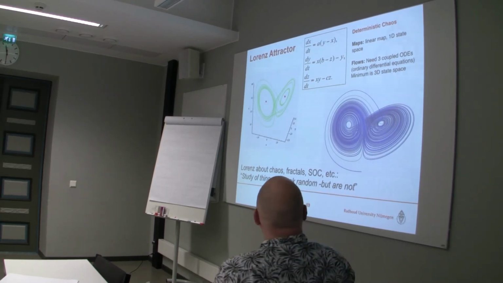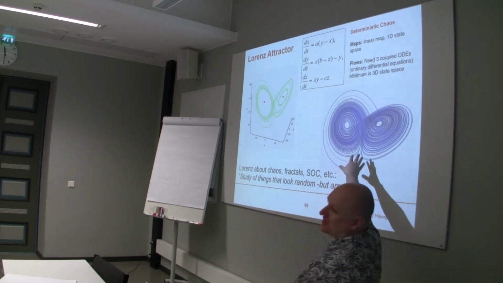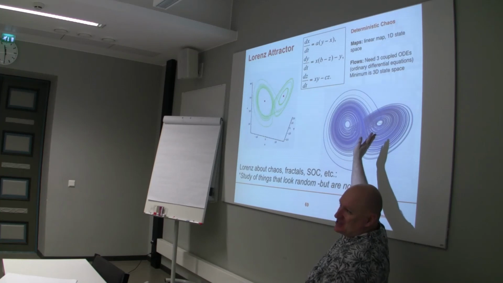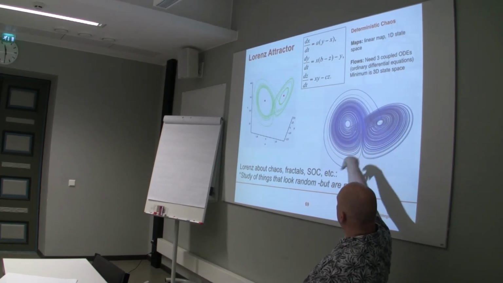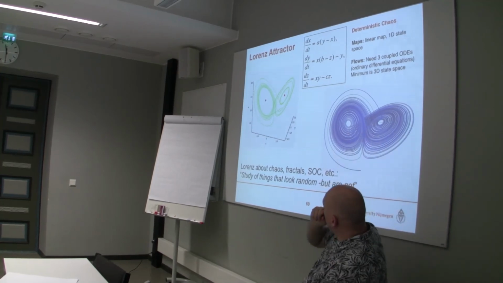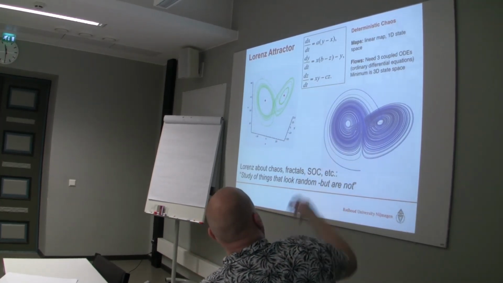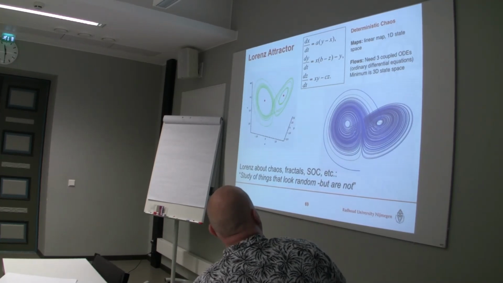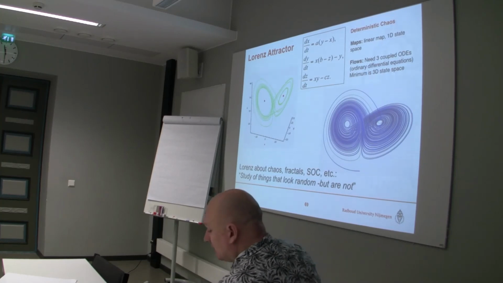That's where this expression comes from, and it's based on this. So this is also called the butterfly attractor. It just happens to have these 2 attractor points where the system will orbit around. And this was one of the first displays of deterministic chaos.